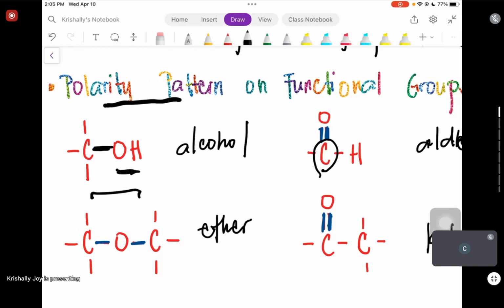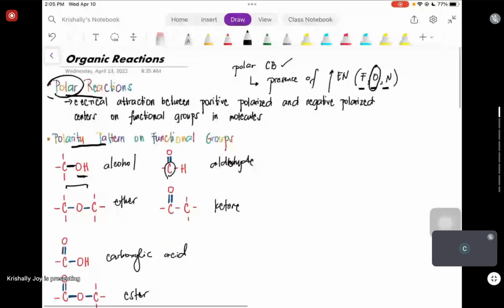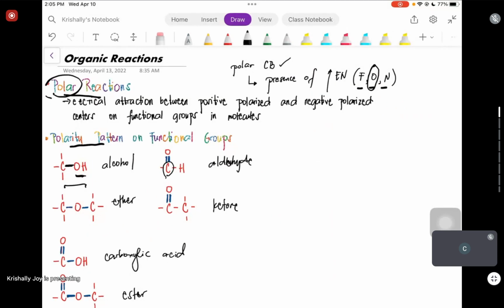So it shows a polarity pattern on these functional groups. Because of the polarity pattern observed among these hydrocarbon derivatives, these functional groups undergo polar types of reactions, wherein it is simply an attraction, again, between a positive pole and a negative pole center on functional groups among molecules.